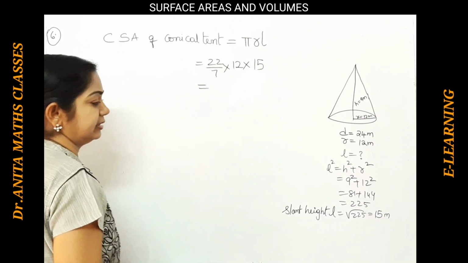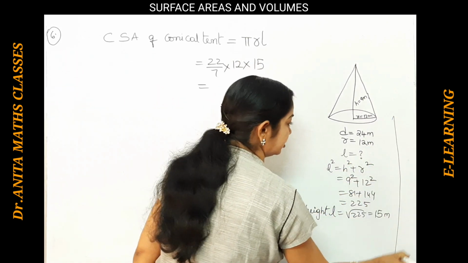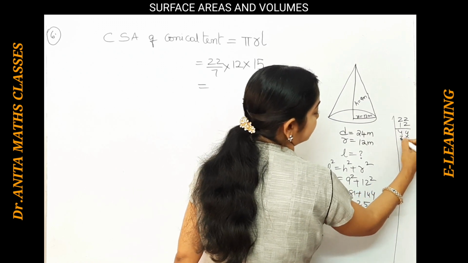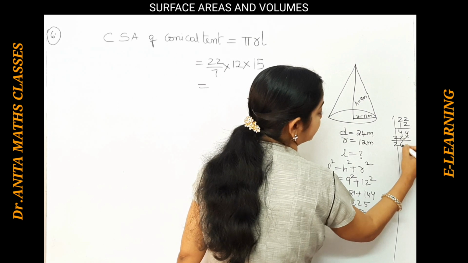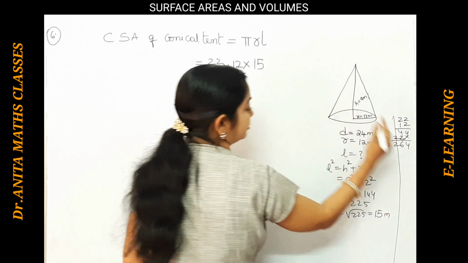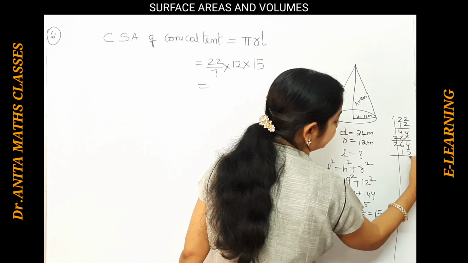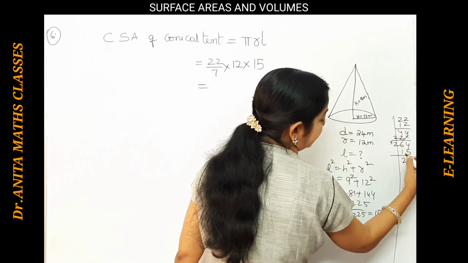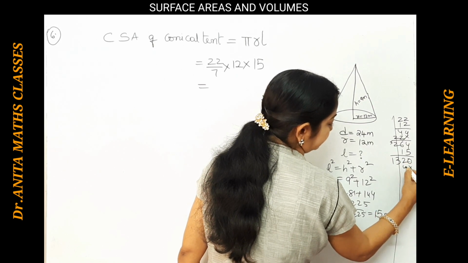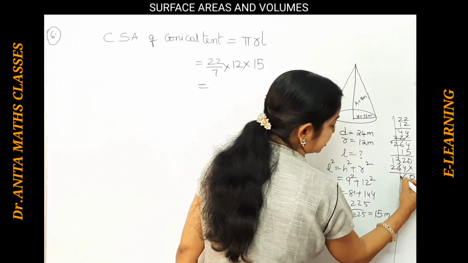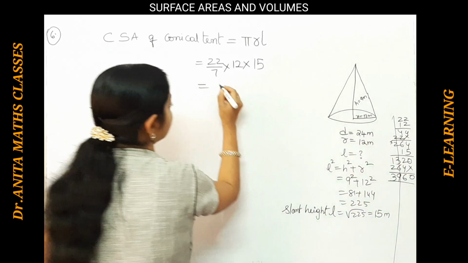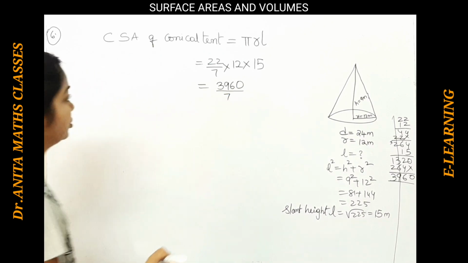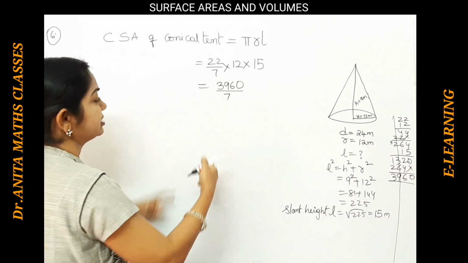So multiplying, in the rough part I'll do it. 22 into 12 is 264, then 264 into 15 gives 3960. So 3960 divided by 7 is this much square meters.